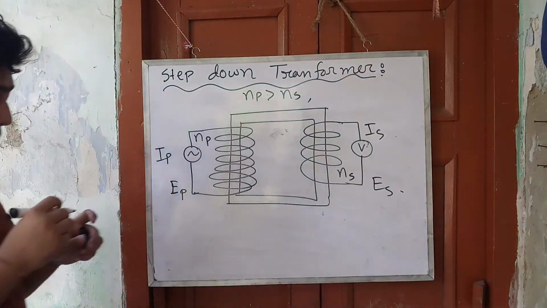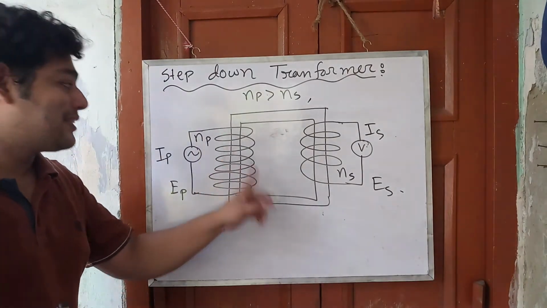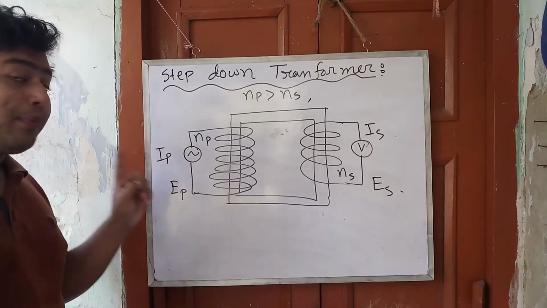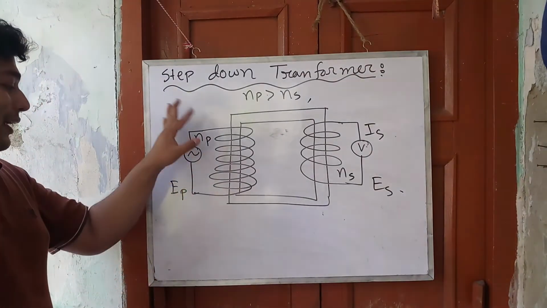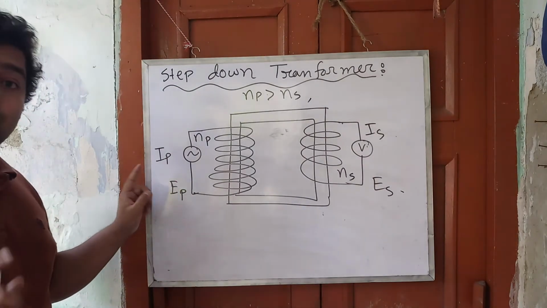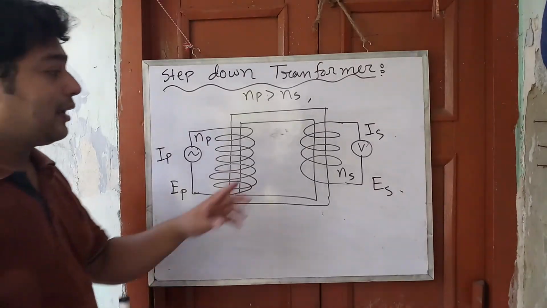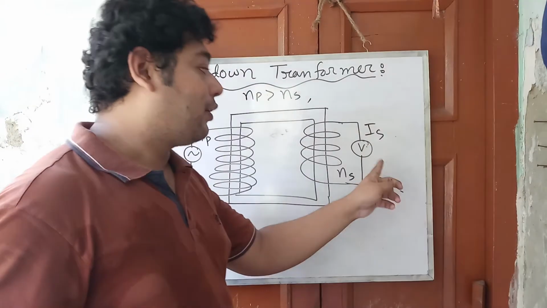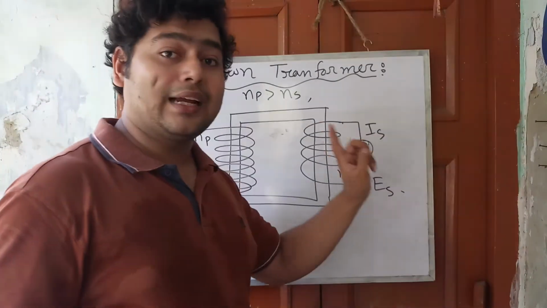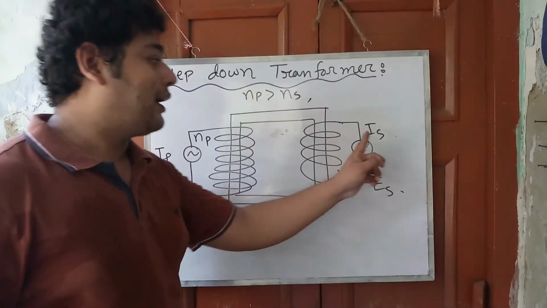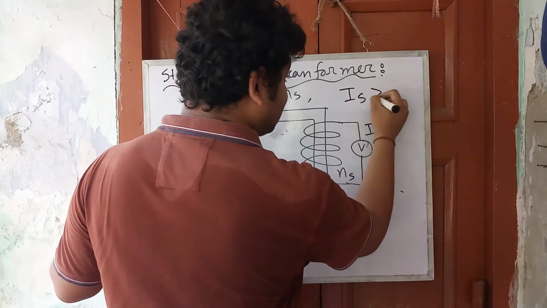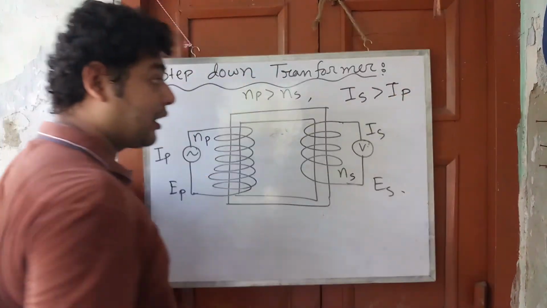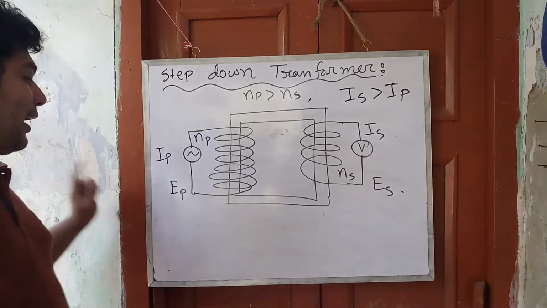According to the definition, it changes high potential, low current, so in our input part the current will be low, and the output current IS for the secondary coil will be high. So we can write IS is greater than IP.